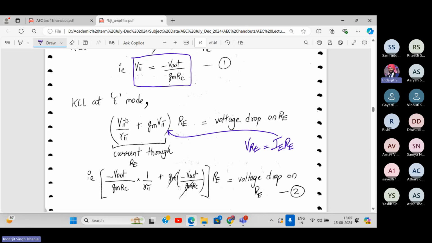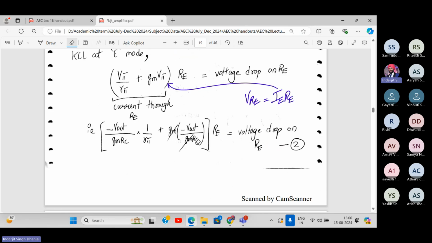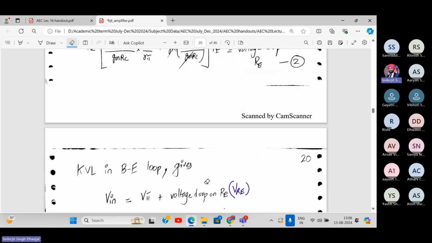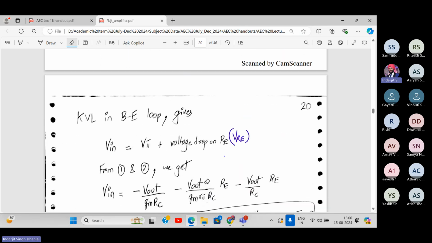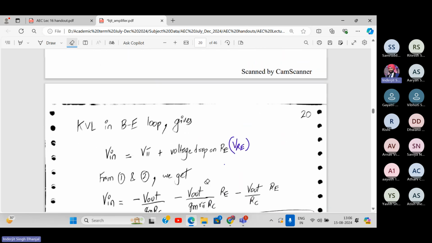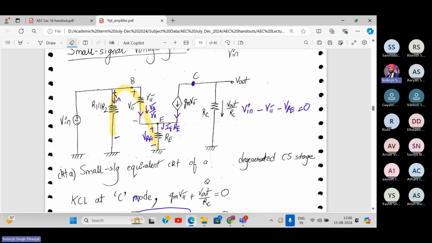So from equation number 1, you substitute the value of V pi over here. Okay, so we get this next equation. All right, so your gm gets cancelled. That is equal to the voltage drop across RE. Now further, you apply KVL in the base emitter loop. So KVL in the base emitter loop gives me V in minus V pi minus VRE equal to 0.